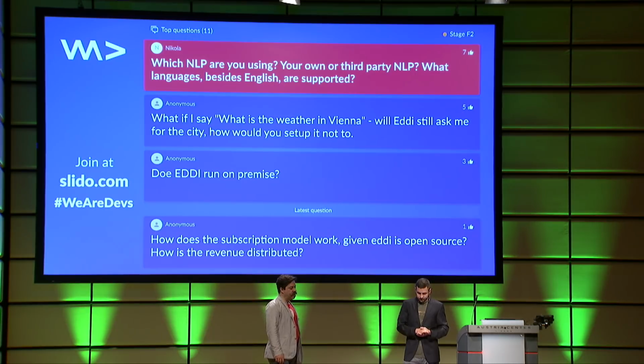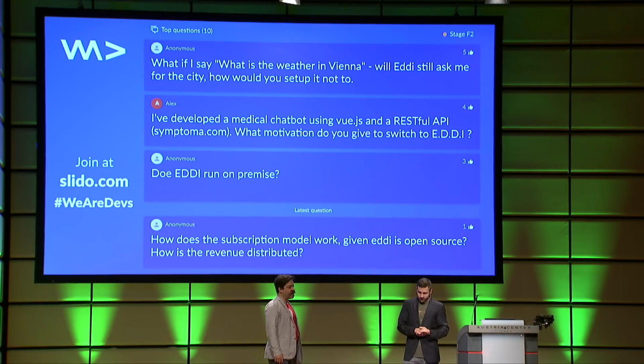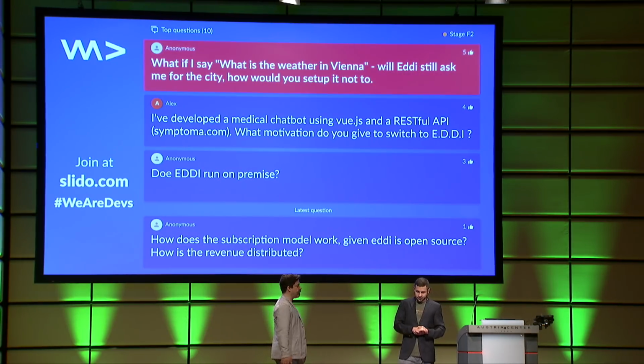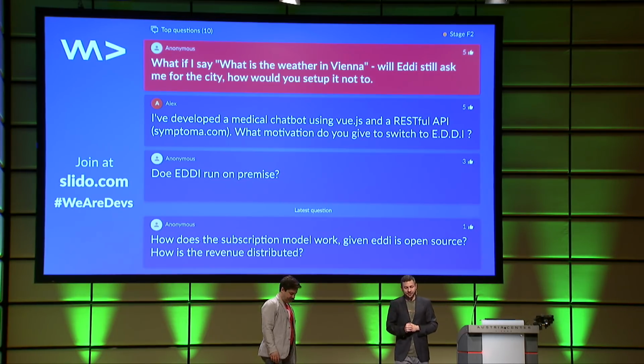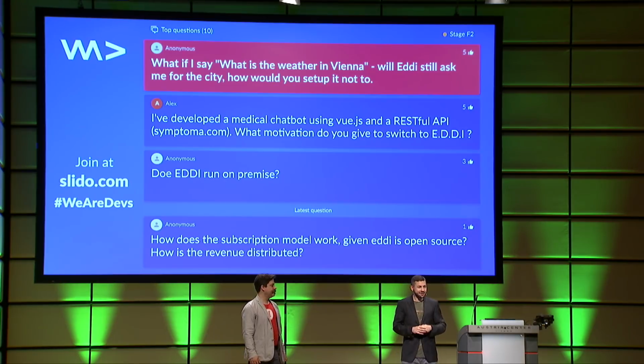What if I say, what's the weather in Vienna? How do you set it up so that perhaps I don't have to know that? Yeah, interesting. I was looking in the front. If somebody would actually catch that, that's a difference whether you ask first for the weather and then say Vienna, or you have it in one sentence. So I have to admit, in that example, this particular use case is not covered because it's more difficult.